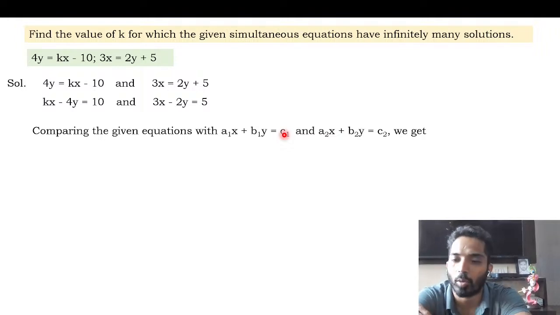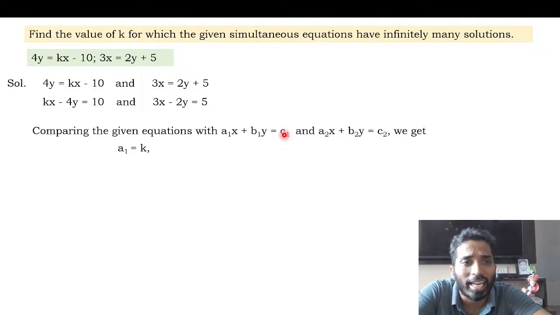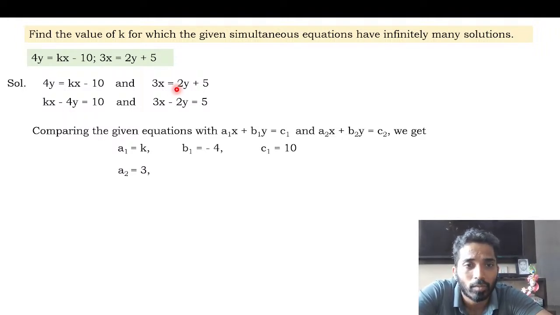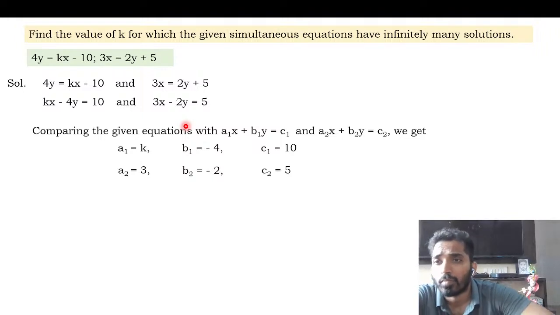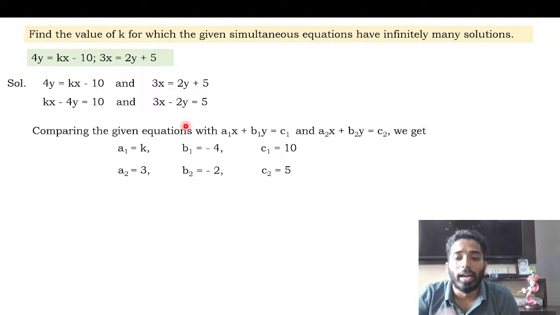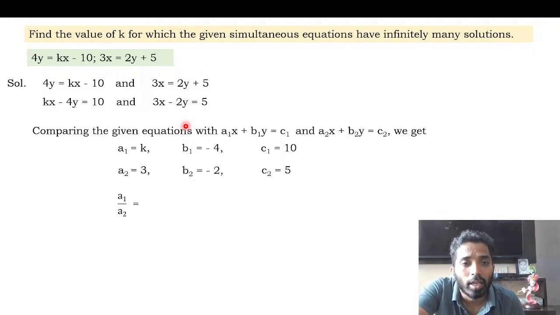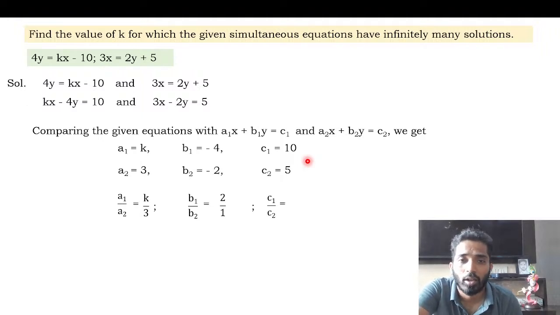तो किसी को भी k का वैल्यू आया तो बताओ। Meanwhile, I'll progress comparing a1 is k, b1 is -4 and c1 is 10. a2 is 3, b2 is -2 and c2 is 5. I hope all of you are trying to get the answer. Then you have to write a1 upon a2 is k upon 3, if you see here. b1 upon b2 is -4 upon -2, that will be 2 upon 1. c1 upon c2, 10 upon 5, that will be 2 upon 1.